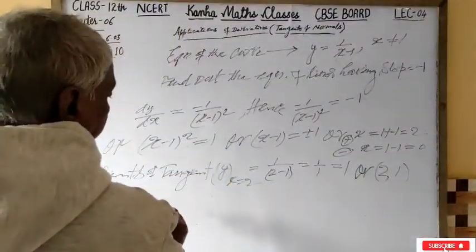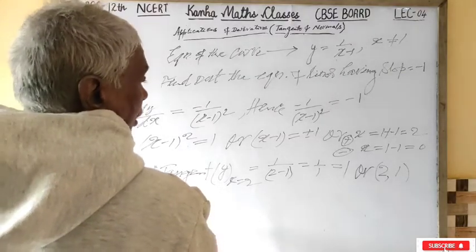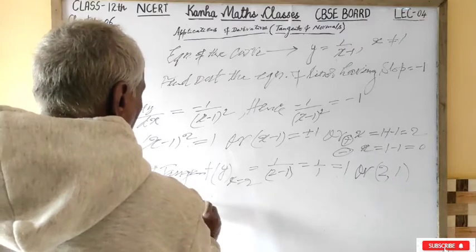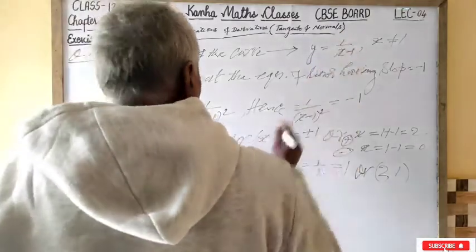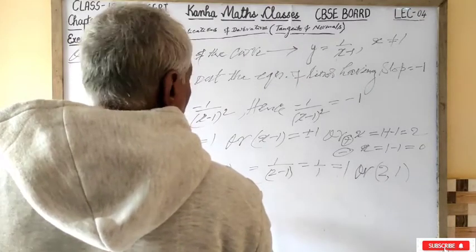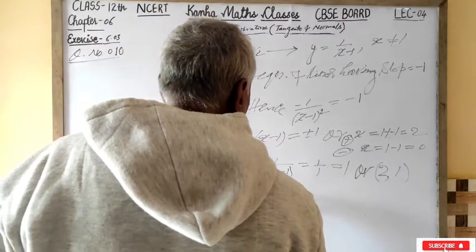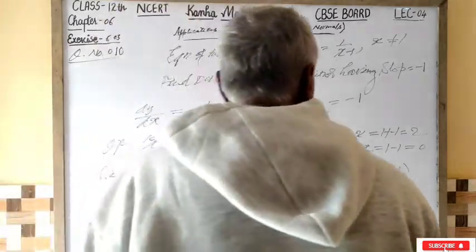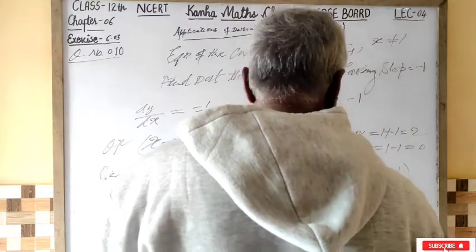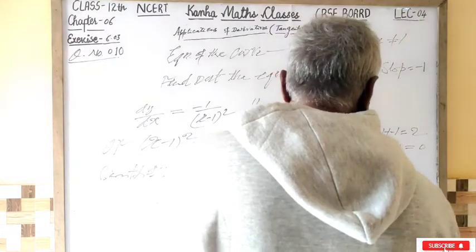And for x is equal to 0, 1 upon 0 minus 1, 1 upon minus 1 is equal to minus 1, hence the point will be 0 and minus 1.